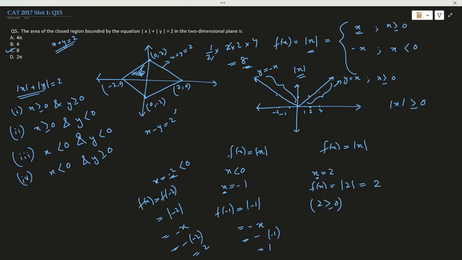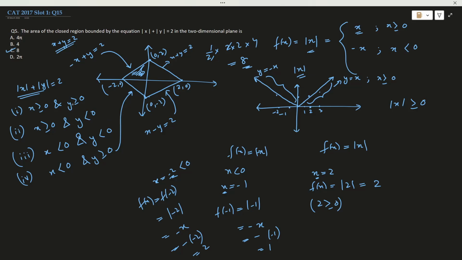Which equation? This line. Any point on this line has x greater than or equal to 0 and y less than 0. Similarly, when x is less than 0, I will have minus x plus y equal to 2. This line, and this is the fourth line.